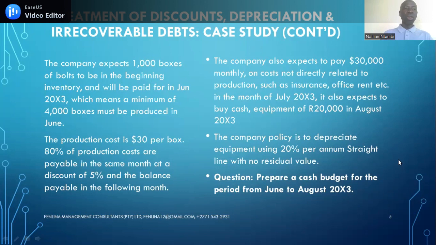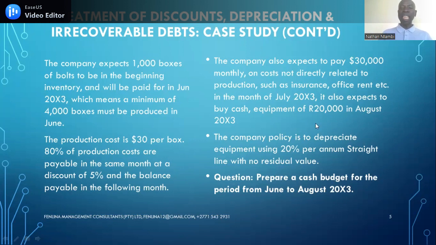80% of the production costs are payable in the same month at a discount of 5%, and the balance payable the following month. The company also expects to pay $30,000 monthly on costs not directly related to production, such as insurance, office rent, etc. In the month of July, it also expects to buy cash equipment of $20,000 in August.